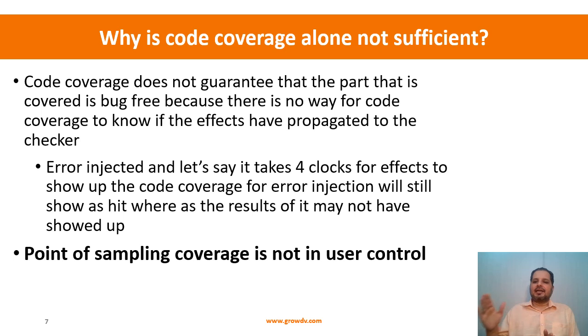Now it is not waiting till the effects have reached the test bench. As soon as it has exercised, it is registering in its database that this particular line has executed, or this particular condition has executed, or this particular state transition has happened. But it's not waiting for its effect to reach the test bench, wherein the test bench is going to tell whether this particular thing is correct or wrong.